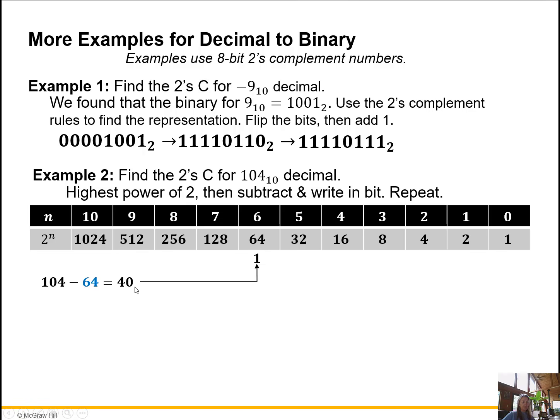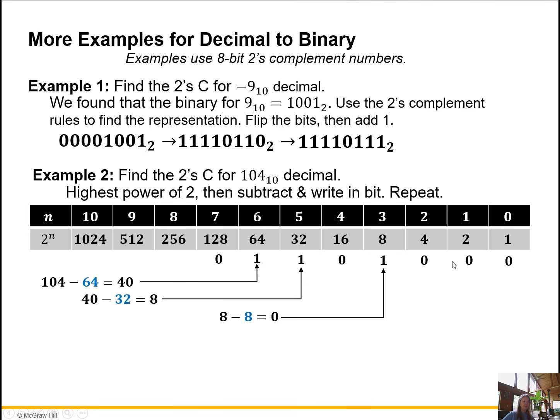I have 32 still in there, so I'm going to do 40 minus 32. I'm going to put a 1 there. Now I've got an 8. I don't have any 16s in that, so there'll be a 0 there. But I know that I will have a 1 there for my 8, and then fill in all the rest with zeros. And 104 would look like this as 8 bits. Remember, I have to write this in as 8 bits.